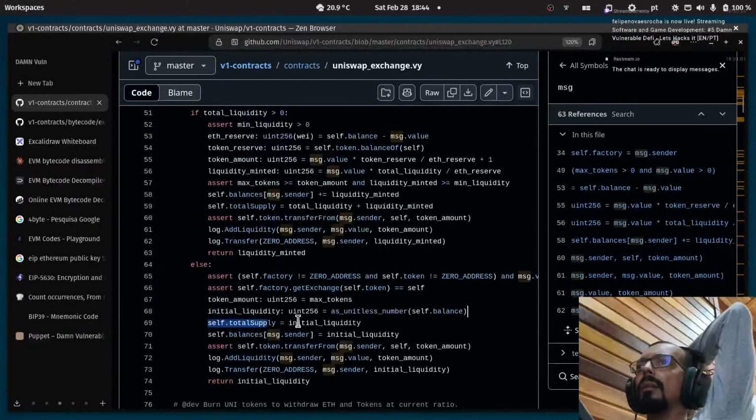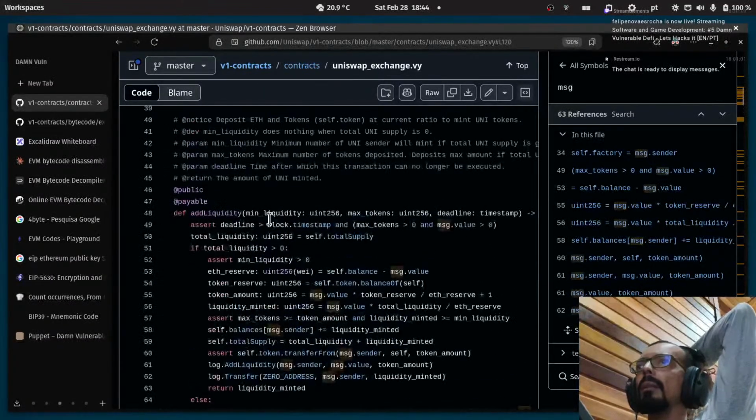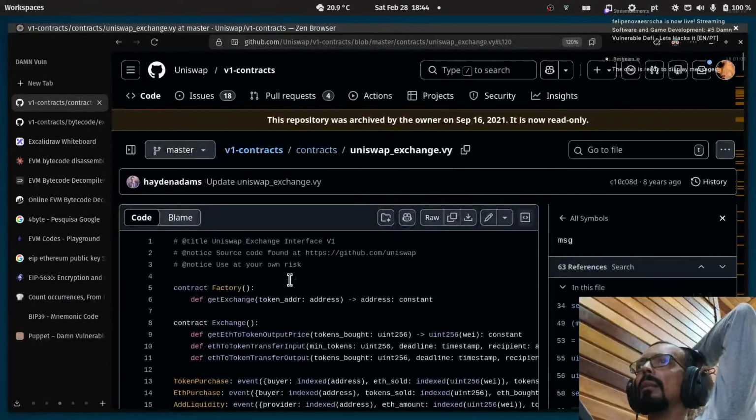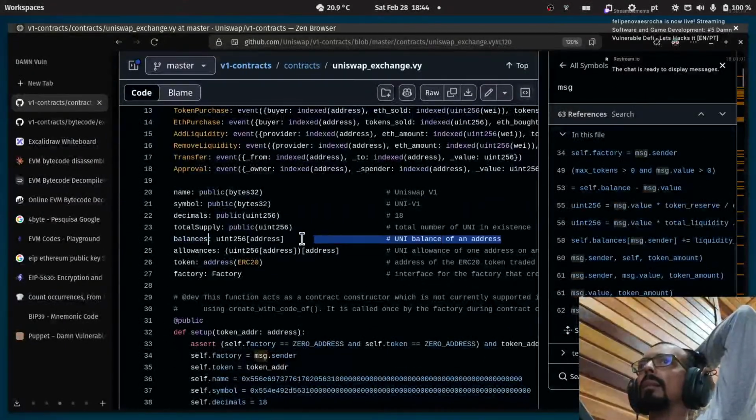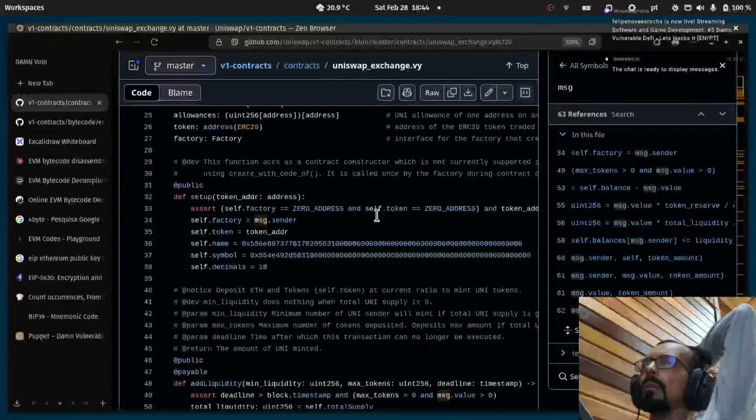The total supply should be initial liquidity, etc. The second time, if you want to add, you see the amount you might have minted, because that should be a token. You have the balances, UniV1 naming symbol.